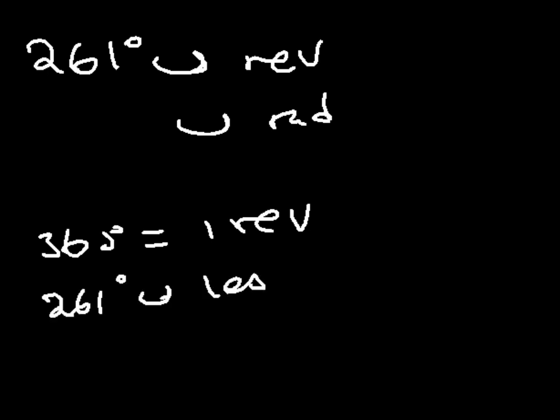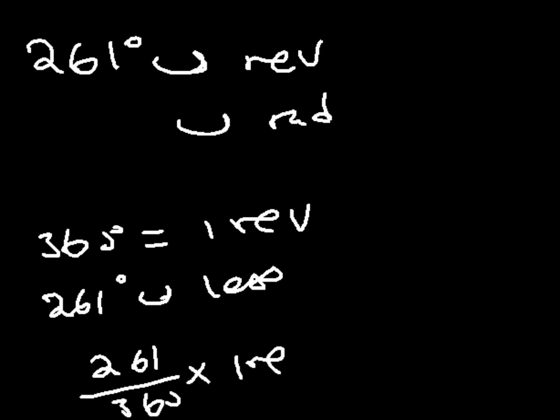We'll have 261 divided by 360 times 1 revolution. So 261 divided by 360 times 1 revolution gives 0.725 revolutions.